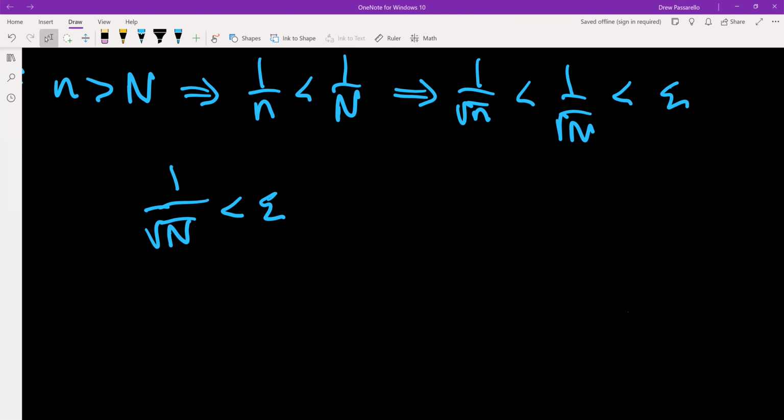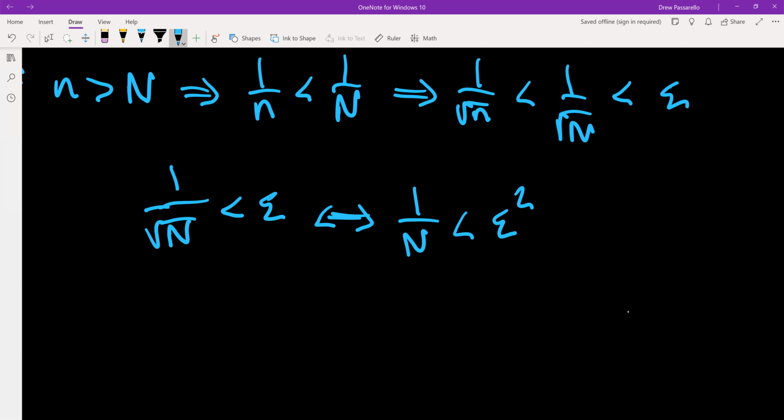We're going to rewrite it so that we have capital N. What we can do is square both sides. This is true if and only if 1 over capital N is less than epsilon squared, by squaring both sides.